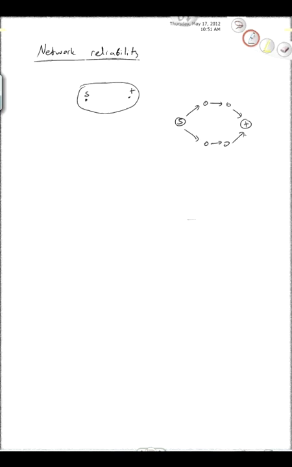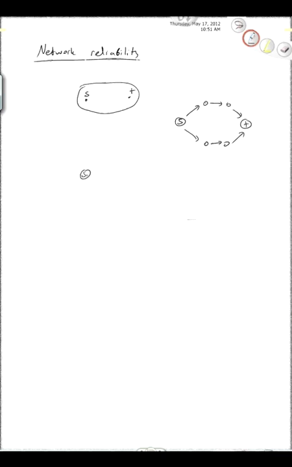So this graph is kind of nice because I have two totally independent paths for S and T to communicate on. So on this path, I have a couple of relays and two different relays on this path. So if one of these relays fails, there's a totally different path for S and T to communicate.